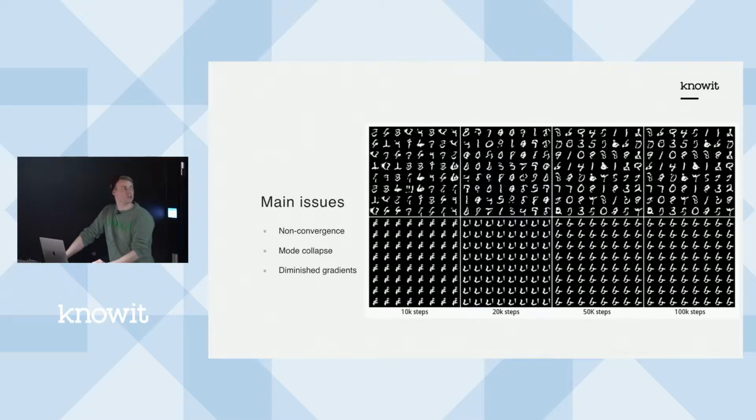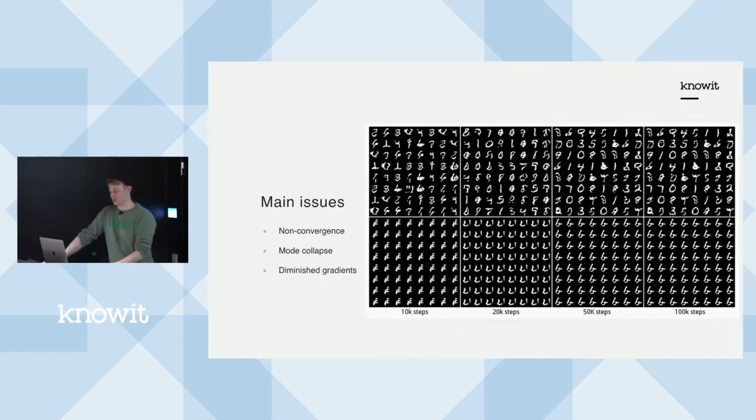The third issue is diminished gradients, which happens quite a lot. That's when your discriminator is so good that your generator is not able to learn anything. And a solution could be to just dumb down your discriminator, give it fewer layers. But then again, you wouldn't reach your optimal network structure.